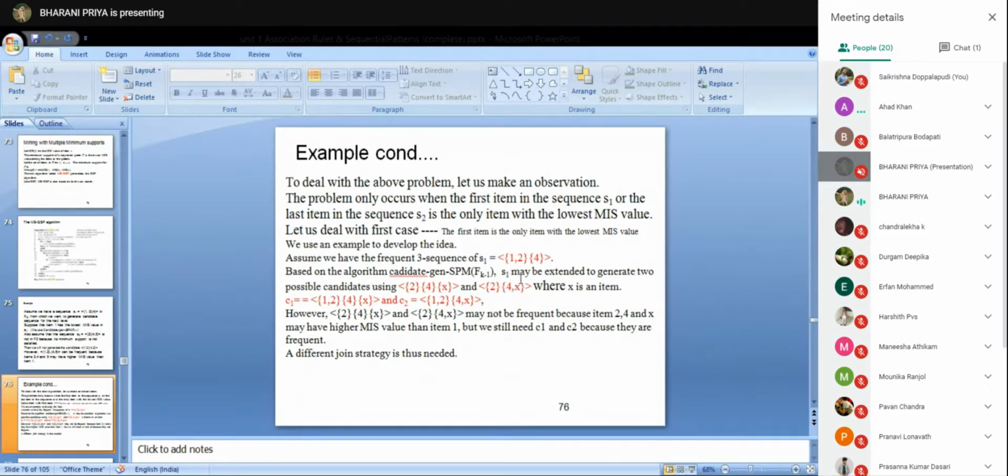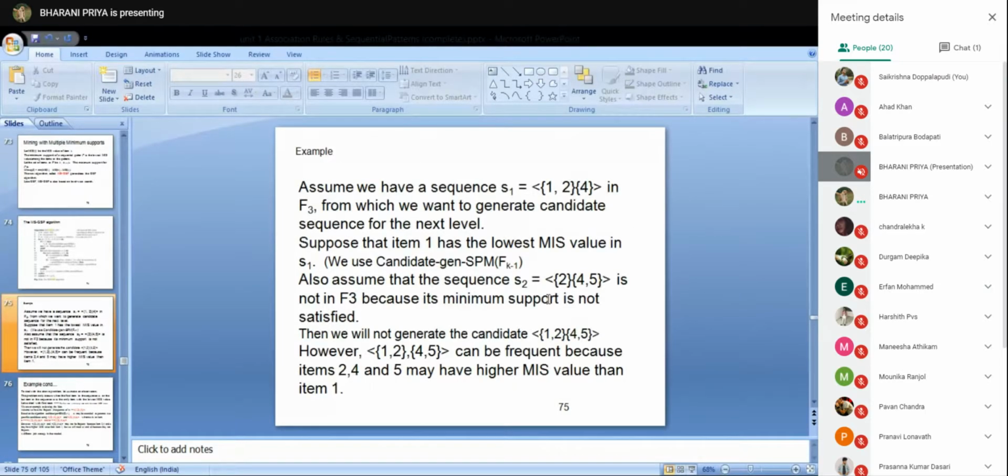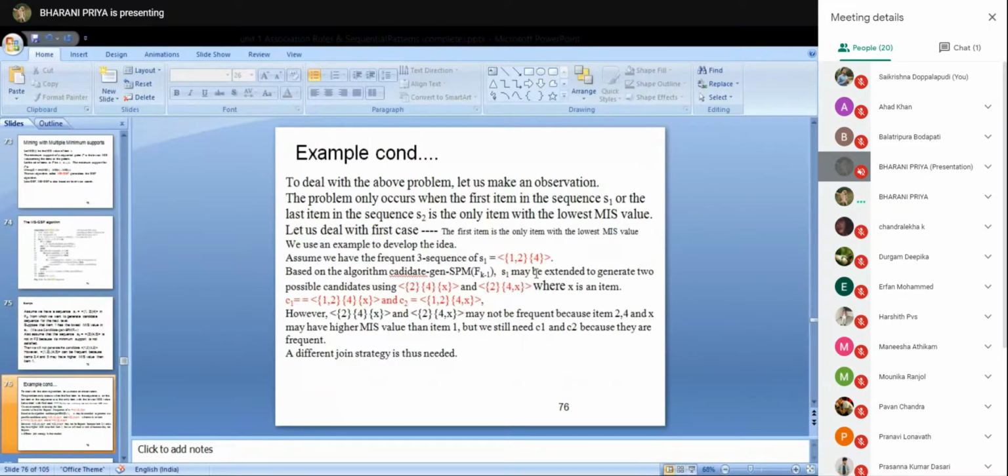The solution is extending the items with an additional item set. See, 245, 124: remove this one and extend it with 24x.